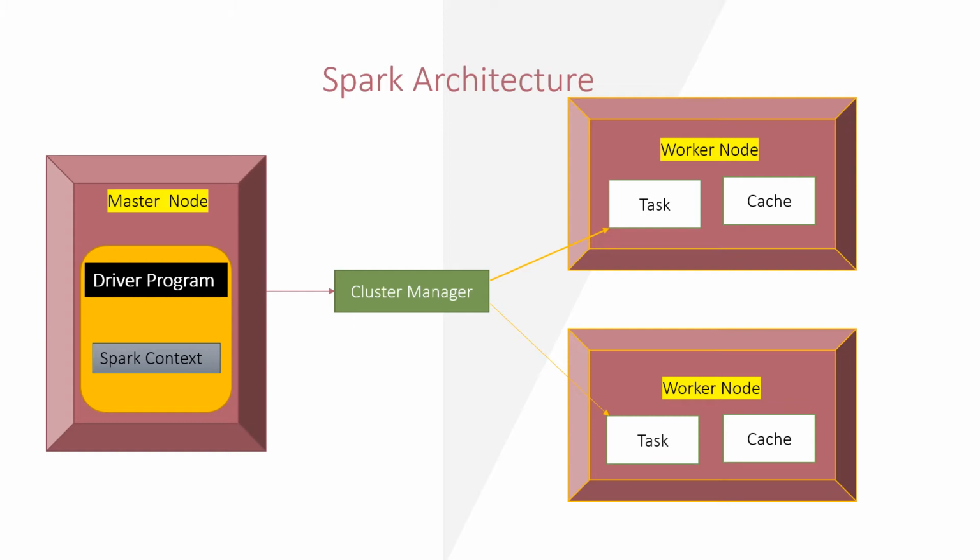It can be distributed across various nodes and can also be cached there. Worker nodes or slaves are the actual executors of the tasks assigned by the cluster manager and return it to the Spark context after completion of the job.